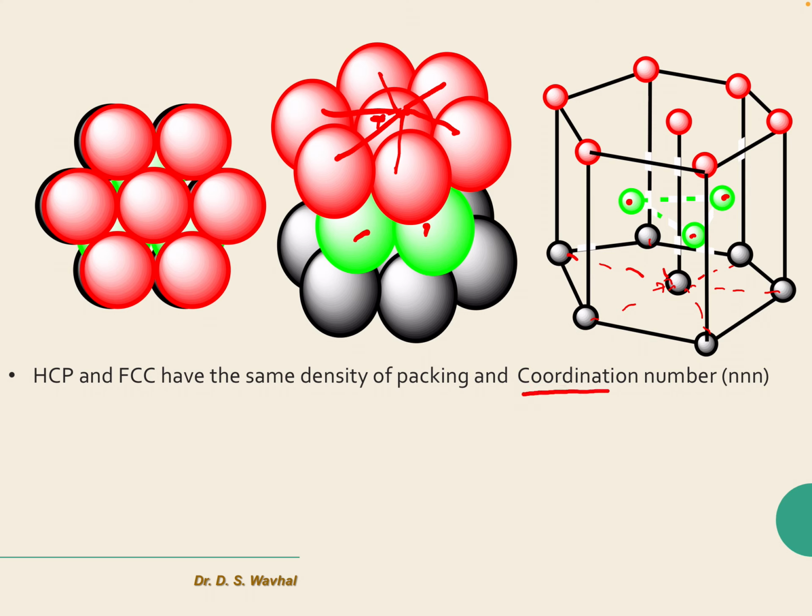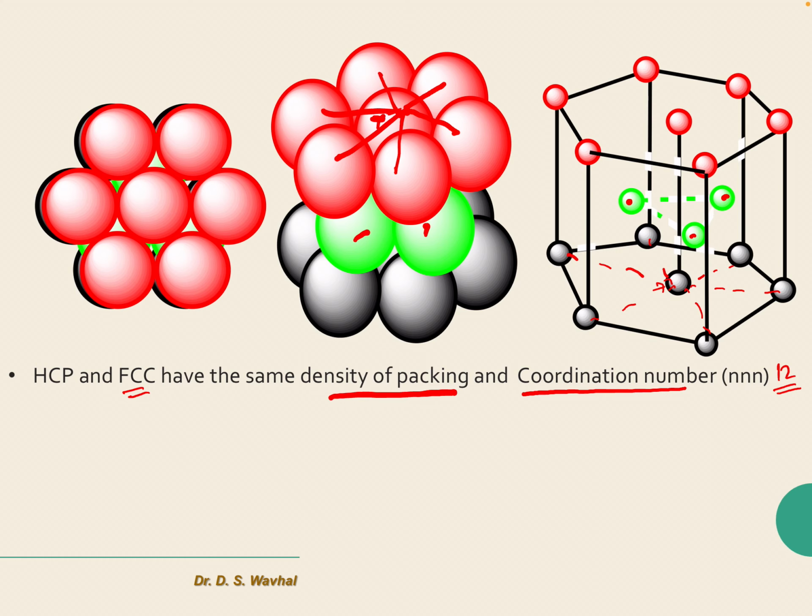So the coordination number for hexagonal close pack structure is also 12, and you know that for FCC also the coordination number is 12. Now here density of packing is also the same, that is 0.74, or packing efficiency is 74%.